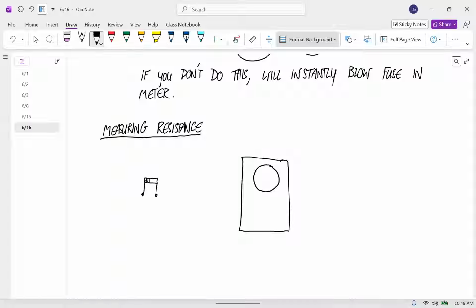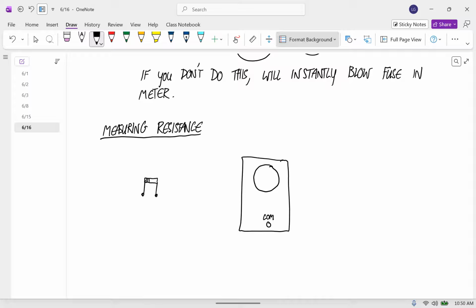What you're always going to want to do is start out with the dial at the off setting at either the top or the bottom. Notice the two zeros. For any measurement, the negative is going to go into that COM at the bottom. That stands for common ground.